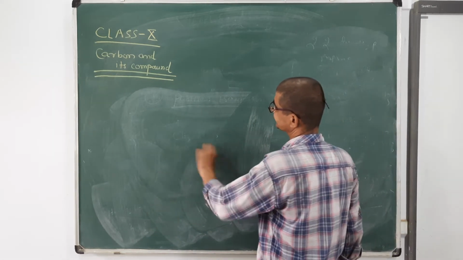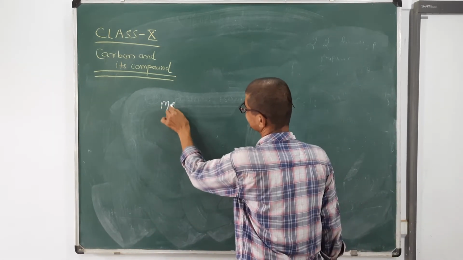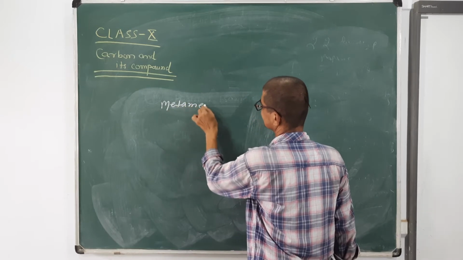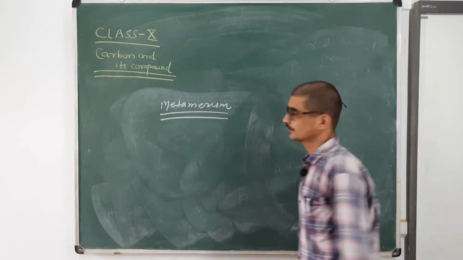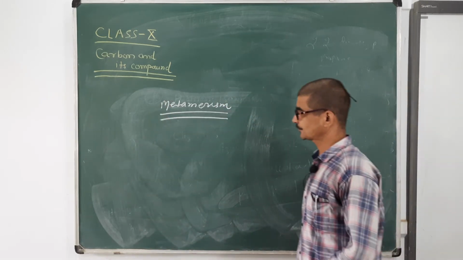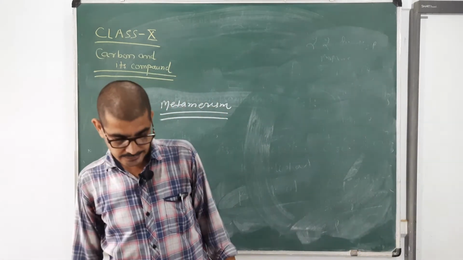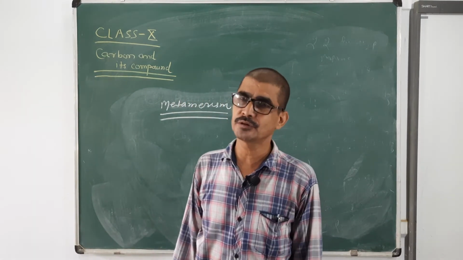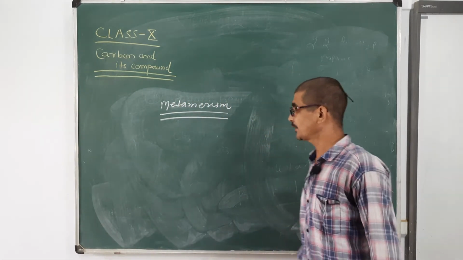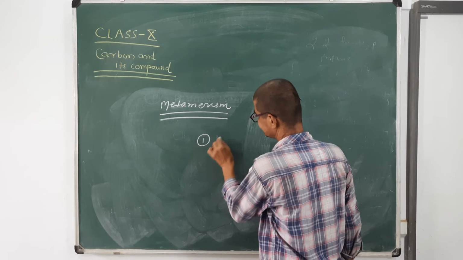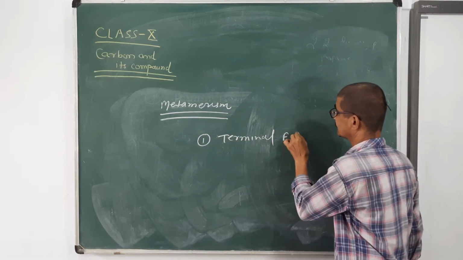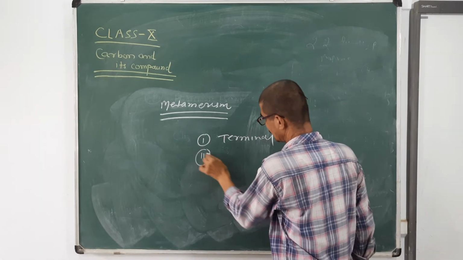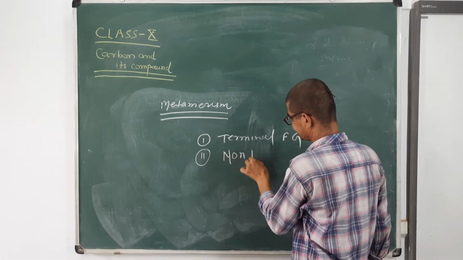Next is metamerism. Actually, you know that there are two types of functional group. One is called terminal functional group. Another is non-terminal functional group.